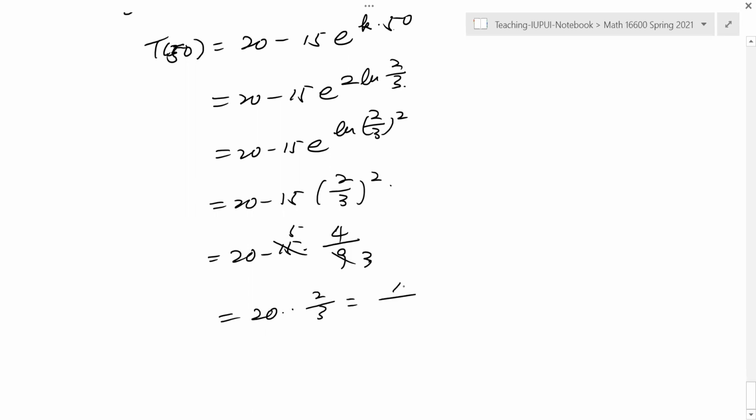So it's going to be 40 over 3. Your estimate is 13.3 degrees. So 50 minutes later, the temperature increased to 13.3 degrees.